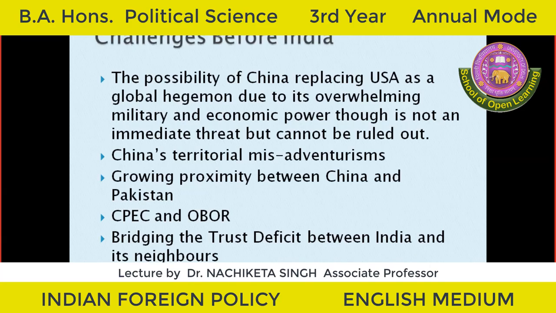At that point of time, India was confronted with two belligerent neighbors. One was threatening directly India's territorial integrity. The other one was both a threat to India's territorial integrity and economic interest.